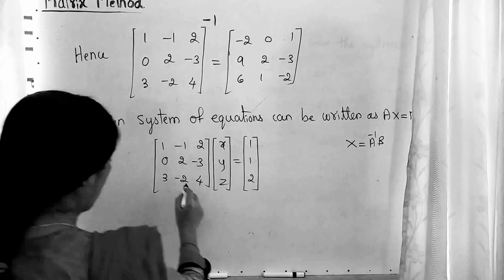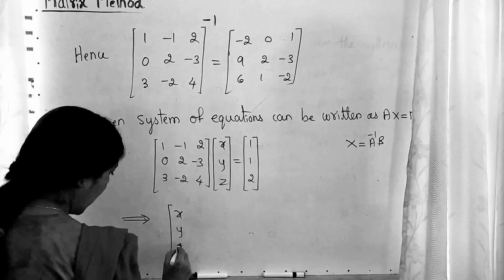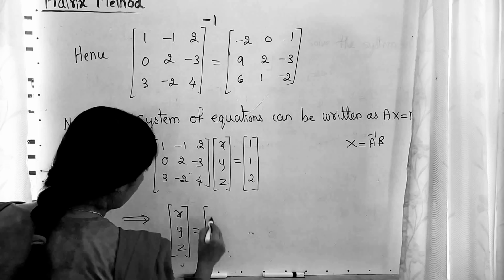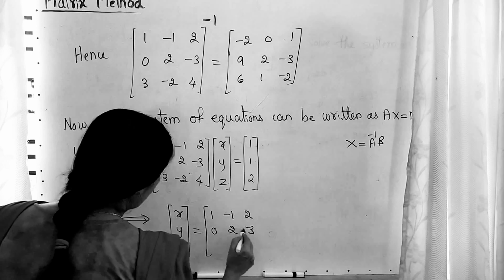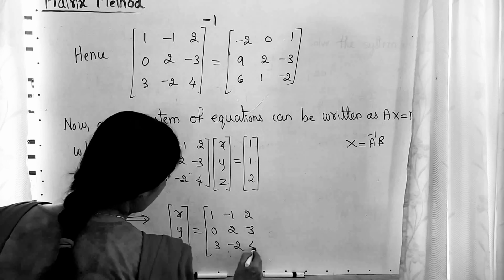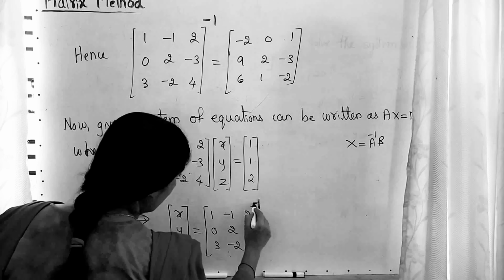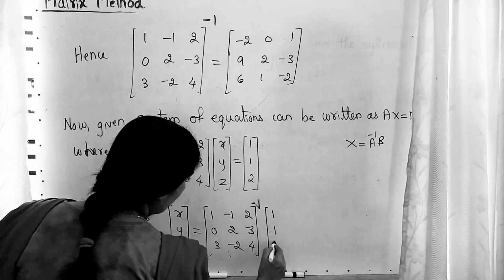Is it correct or what? So this implies x, y, z is nothing but the inverse of this. A inverse is 1 minus 1, 2, 0, 2 minus 3, 3 minus 2, 4. It's inverse, not a transpose, it's inverse. See it carefully. It is 1, 1, 2.